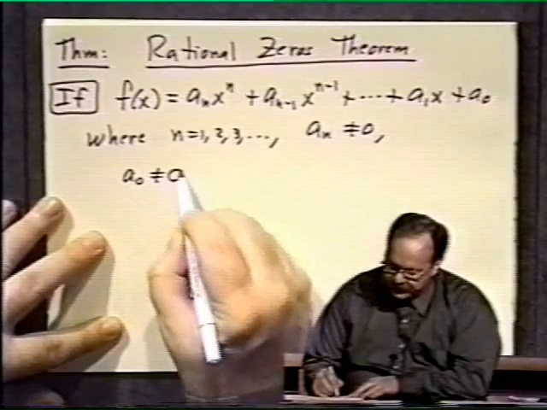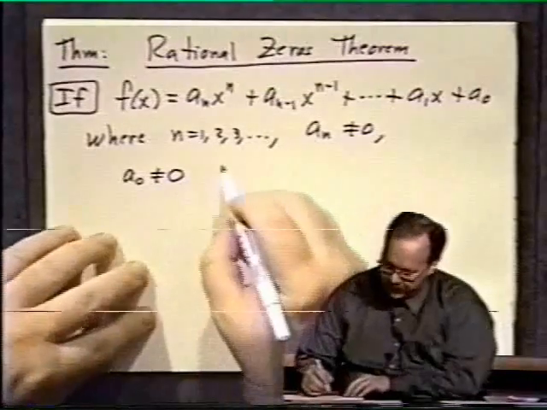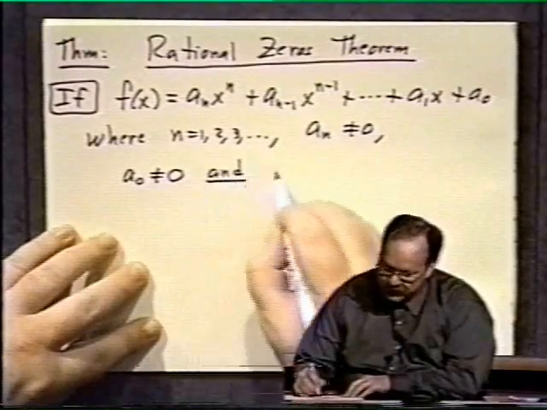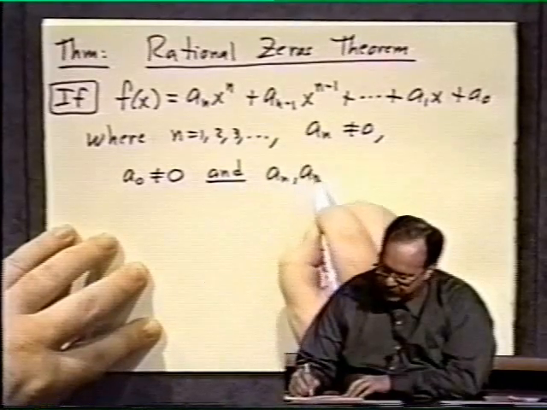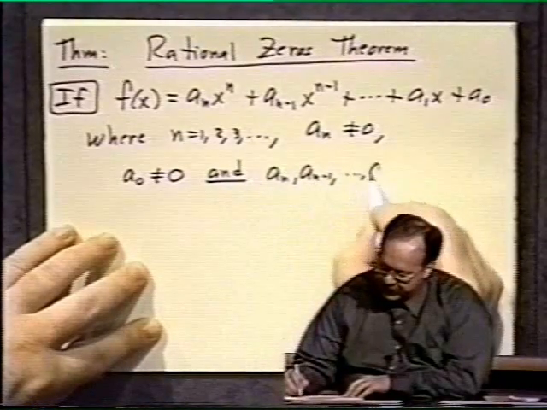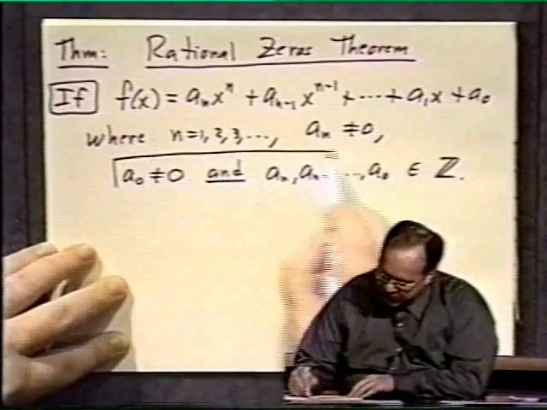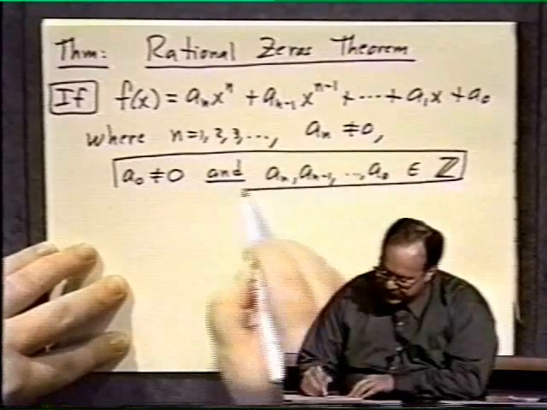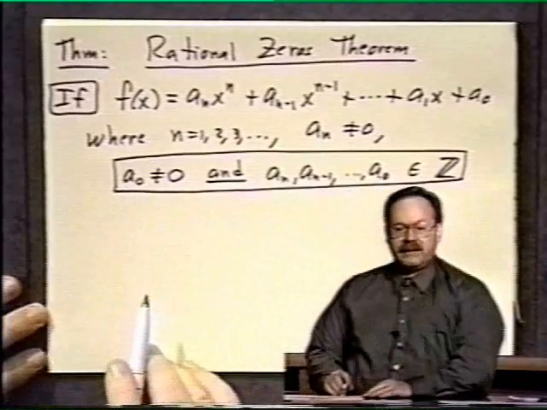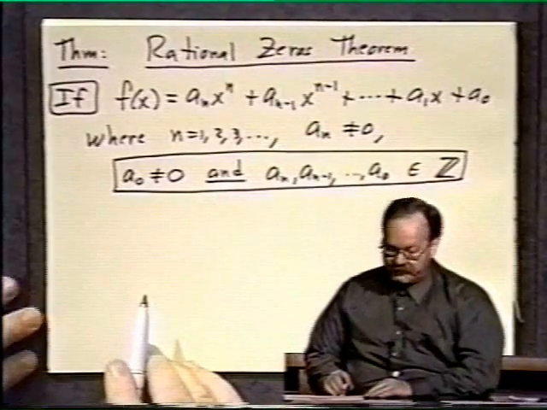We assume now that the constant term is not 0, and we assume further that all of the coefficients, a sub n minus 1 down to a sub 0, are integers. So I'll even box this part in because that is totally new. We haven't had that in a statement of a theorem about polynomials before.